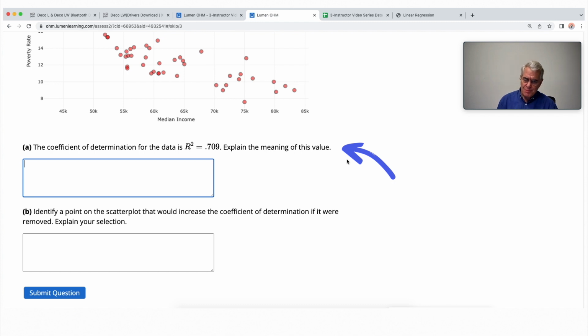So what does that mean? 0.709 equals r squared.